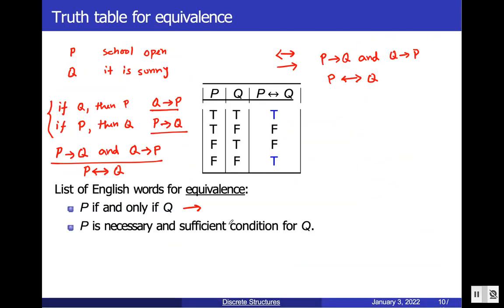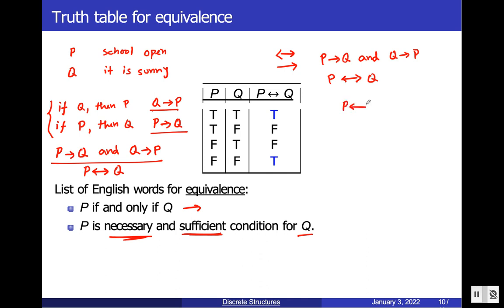But for double implication, you can say that P has to be the necessary and sufficient condition for Q. All right. Now let's find out the truth table.